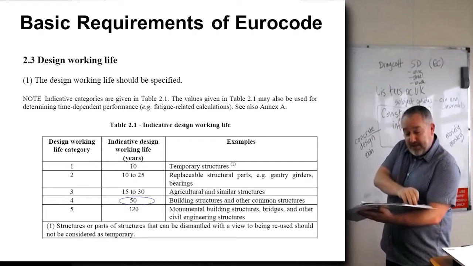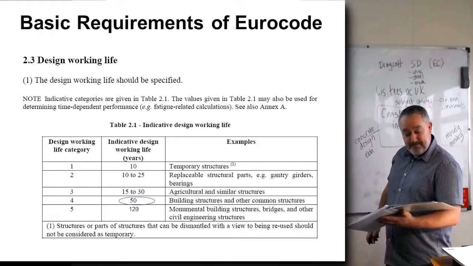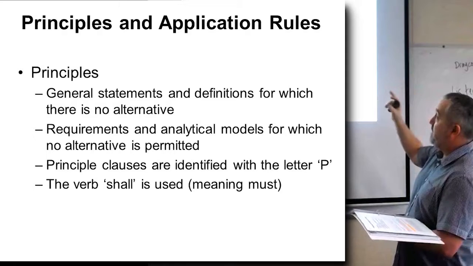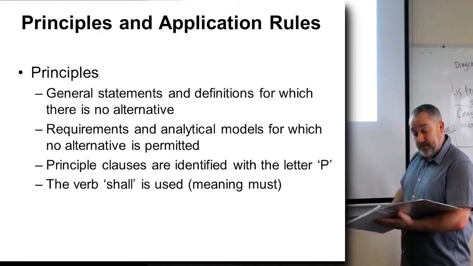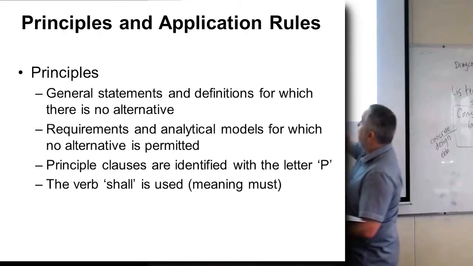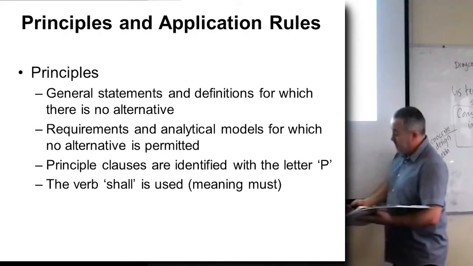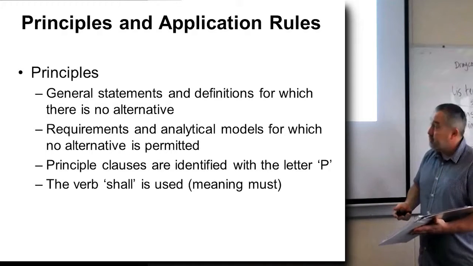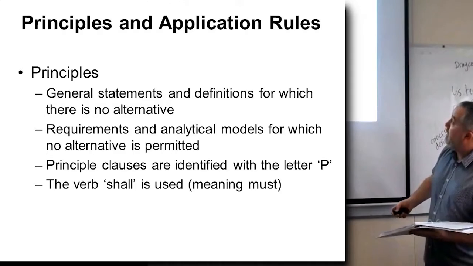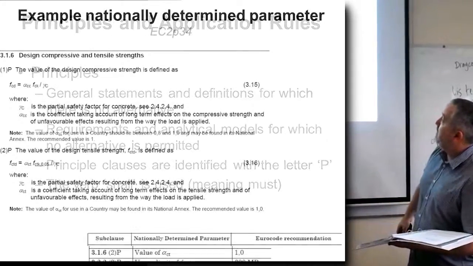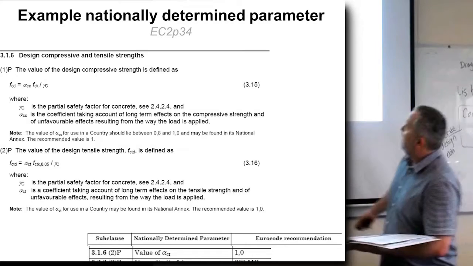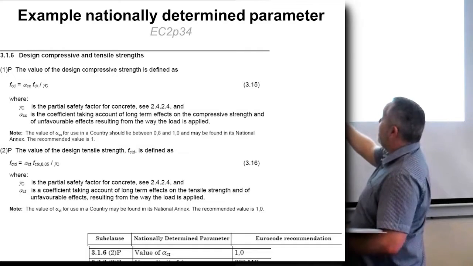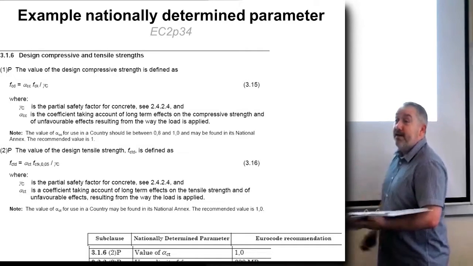I think we're on page 5 of the handout, if you're following through there. Principles are statements and definitions for which there is no alternative. And you'll find that a lot of times you've got the verb you shall do it, or you must do it. And then you've got the application rules. Now, have I got an example there? If I flick back to our page earlier, in Eurocode 2.3.1.6.1, where you have a P, that's a principle.